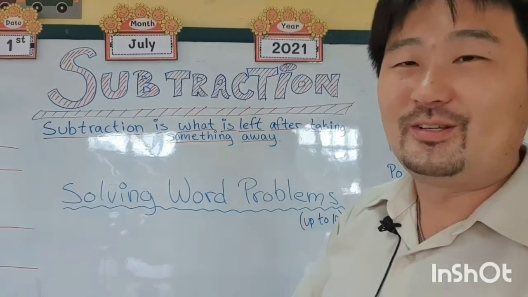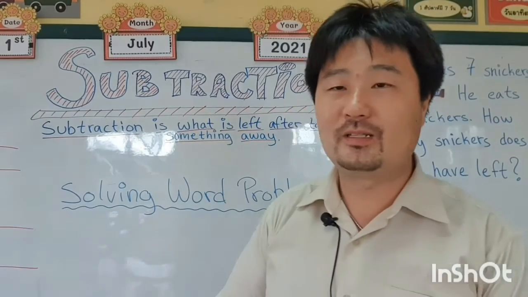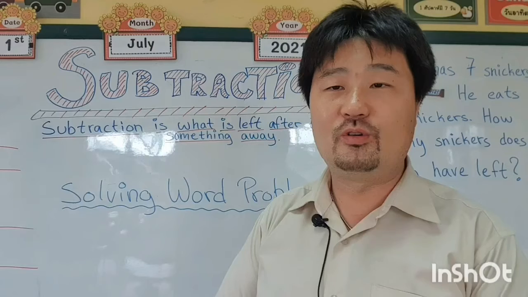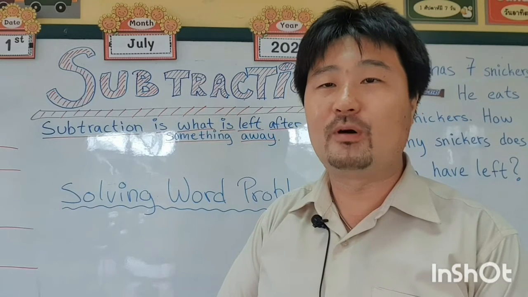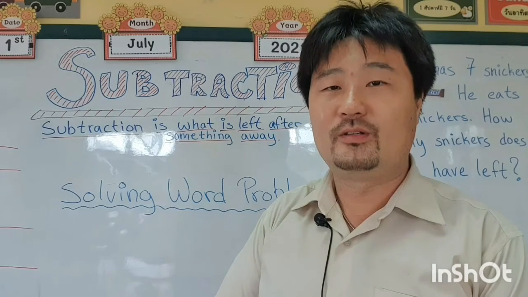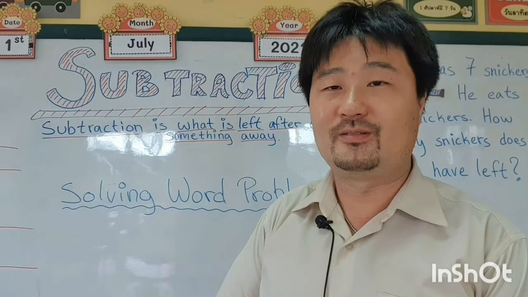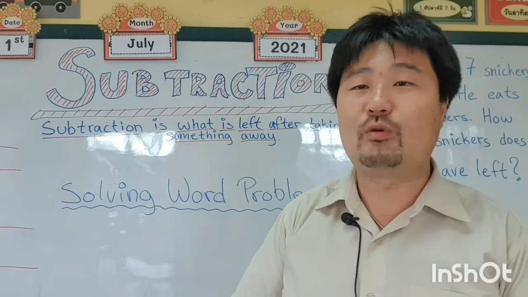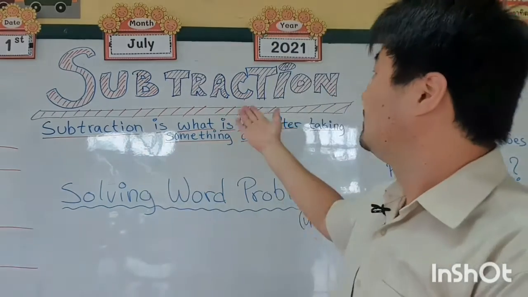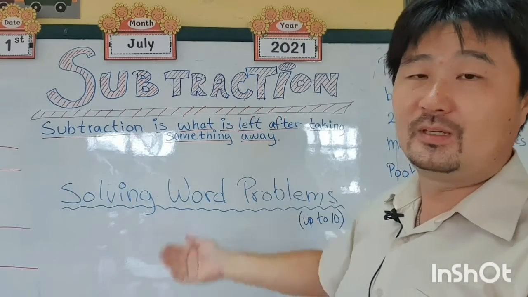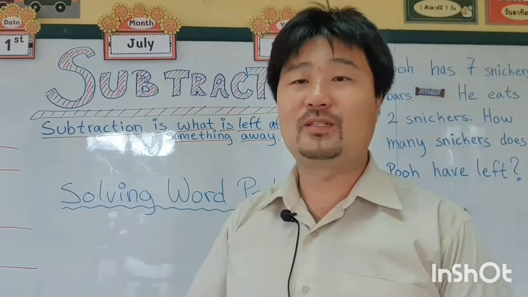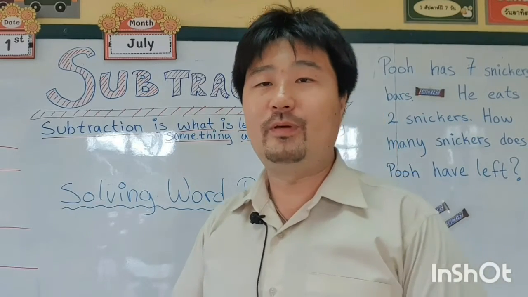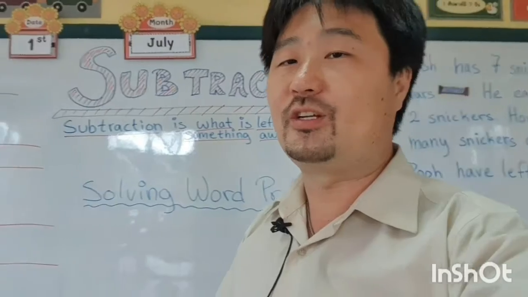You remember when we did word problems with addition, and I told you that is something that is the most difficult for Thai young learners. Word problems. Okay, so now we will do word problems with subtraction. It is the same concept as with addition, but it will be with subtraction instead of addition.